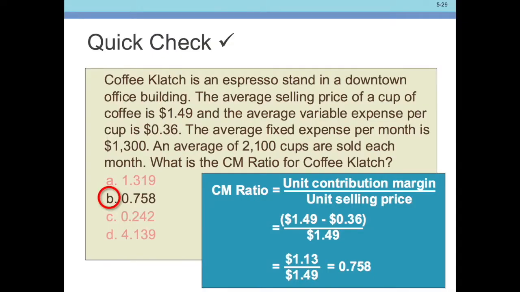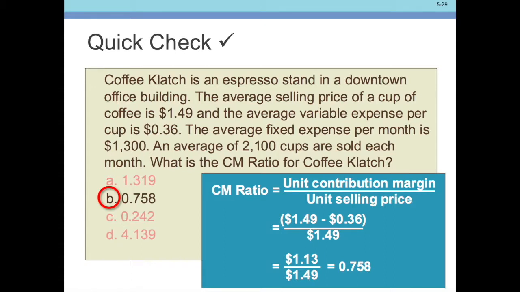As we think about this, for the contribution margin ratio, we would have to figure out the contribution margin by unit and then divide by the unit selling price. So the contribution margin per unit is $1.49 minus 36 cents, and then we divide by the unit selling price, which is $1.49.